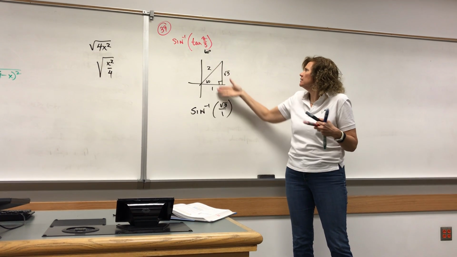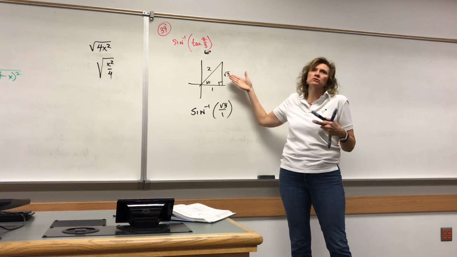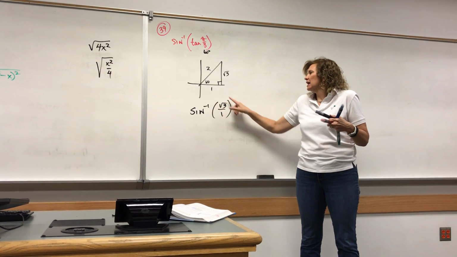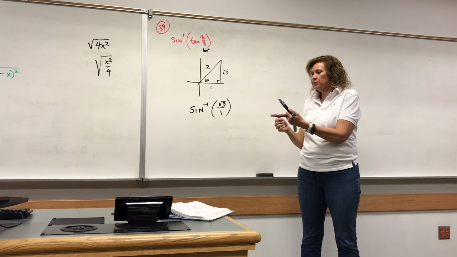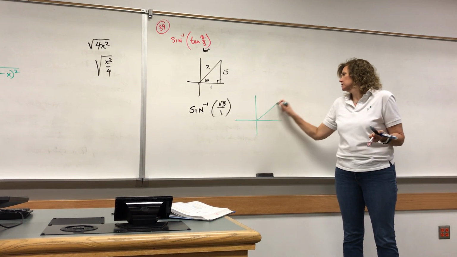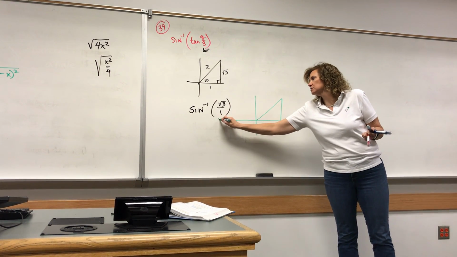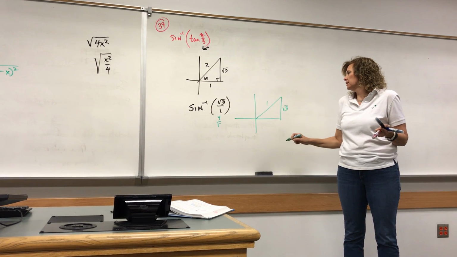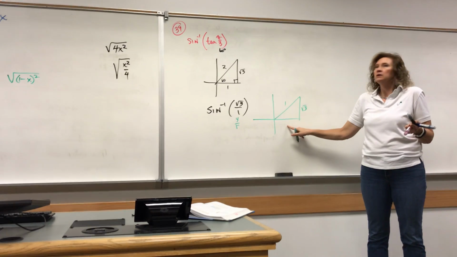Or I can't take the sine ratio, which is root 3 over 2. Because now I've got the sine ratio is root 3 over 1, totally different picture. Sine is y over r, so this is root 3, this is 1, Pythagorean theorem.